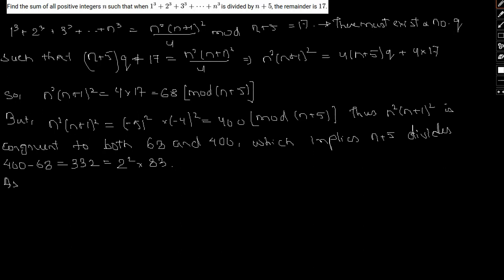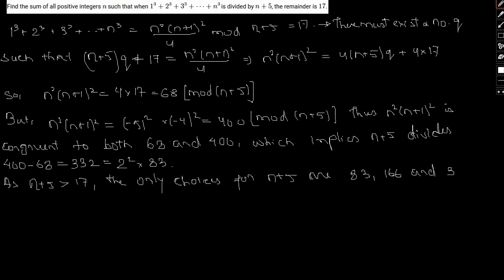Now as n plus 5 is greater than 17, the only choices for n plus 5 are 83, 166 and 332.